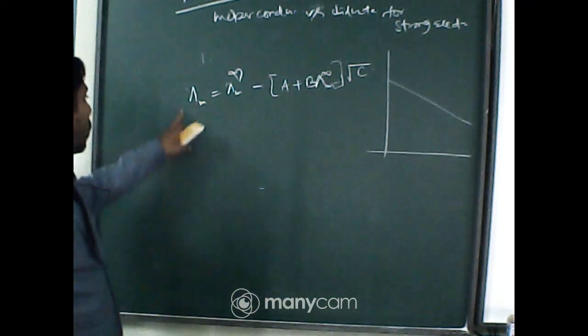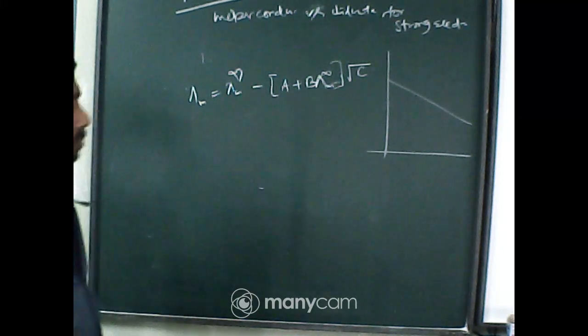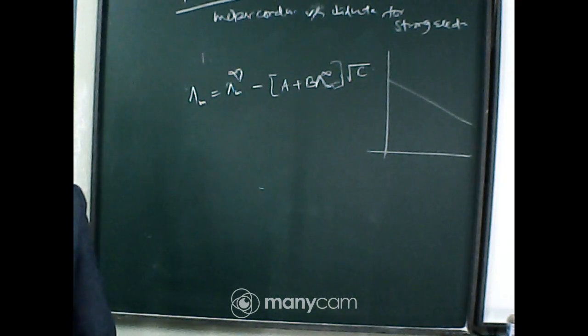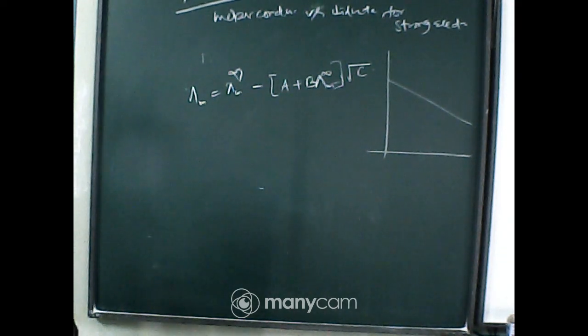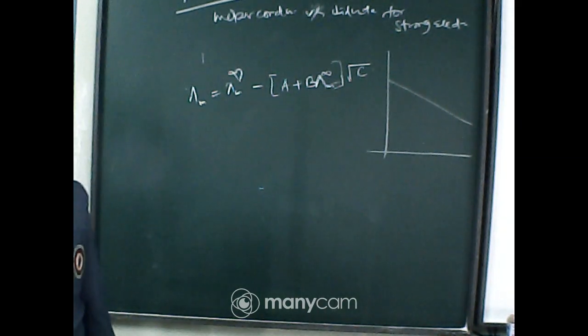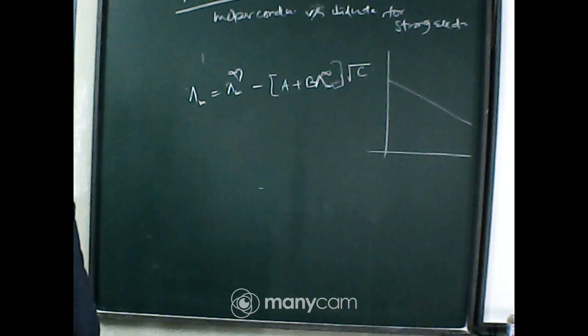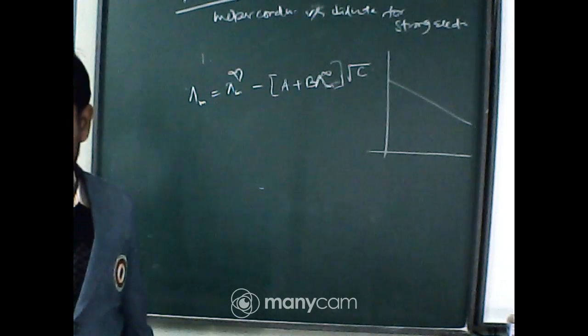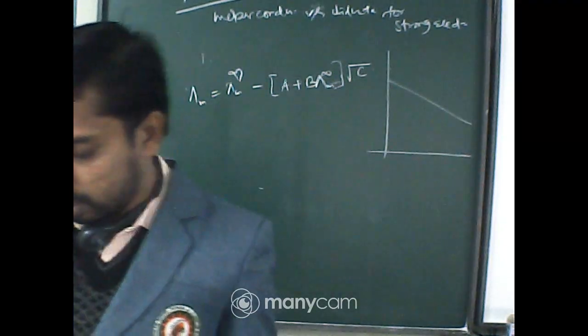Lambda m is molar conductivity, and lambda infinity is molar conductivity at infinite dilution, which is the same for all concentrations. In the case of strong electrolytes, it is a plus b lambda infinity within the bracket, root over c. In the case of dilution, there is a decrease in ionic attraction, hence molar conductivity increases with decrease in concentration.